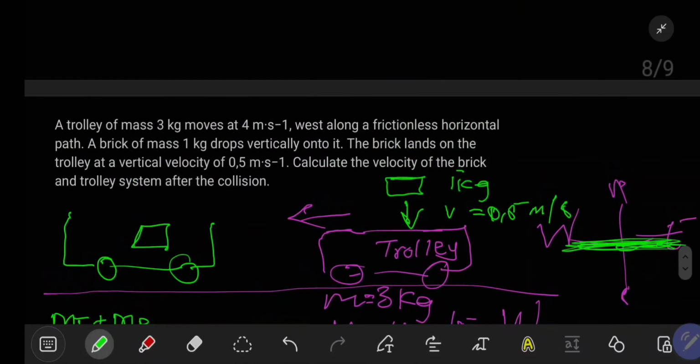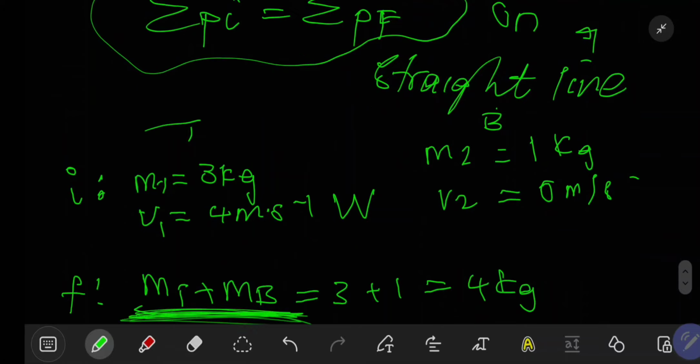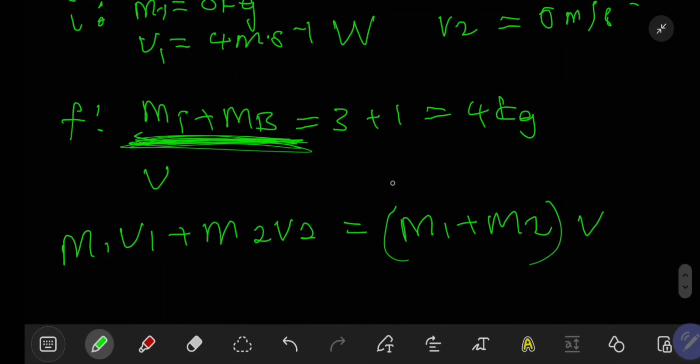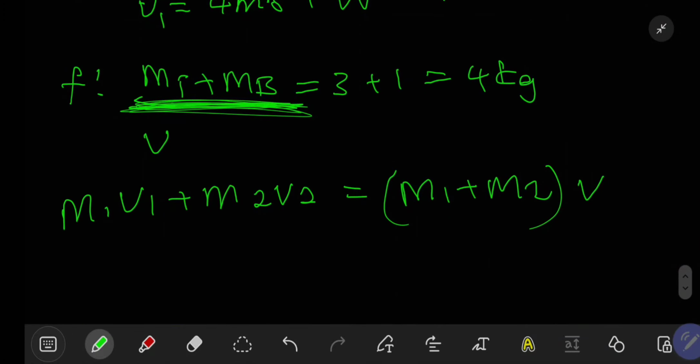So we have to take direction. We can take the motion of the trolley to be positive. So any motion going in the western direction is positive, and any motion going in the opposite direction will be negative.